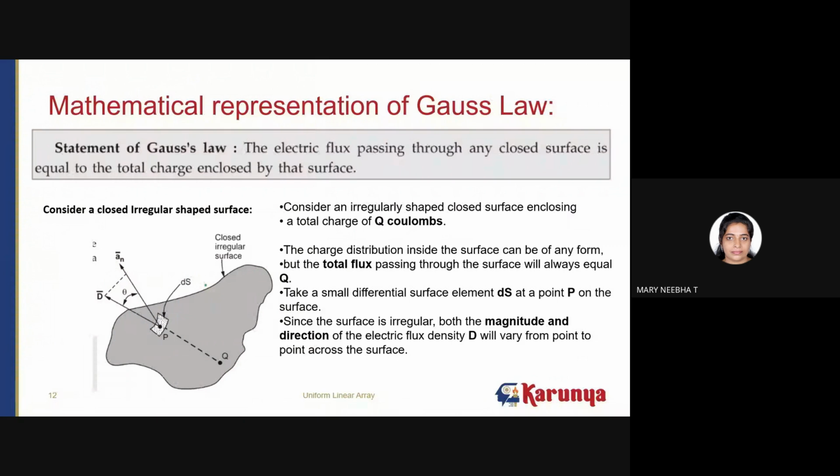In this case, the vector dS can be represented as dS times an, where an is the unit normal vector to the surface at point P. So we can represent any vector using its normal vector.